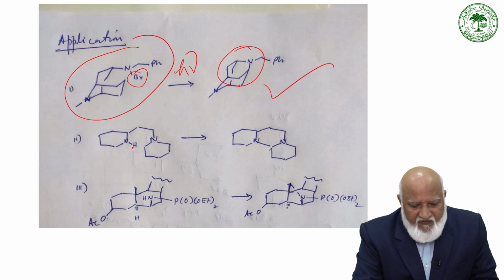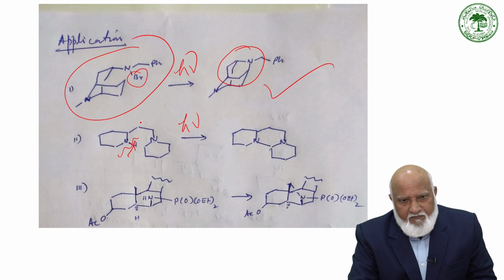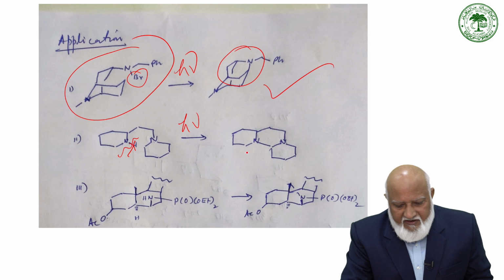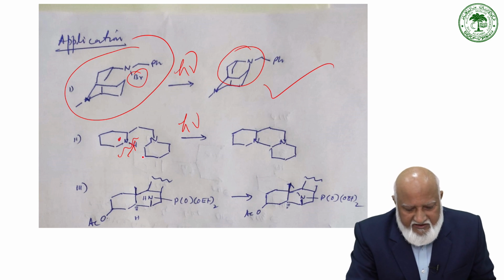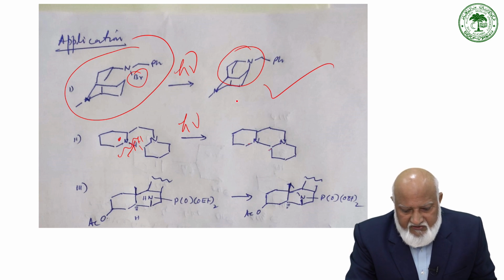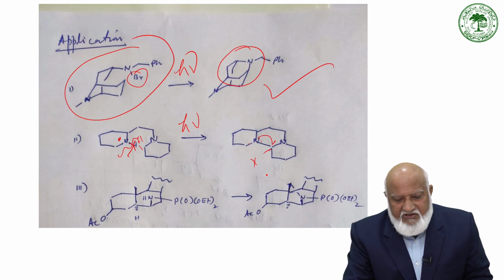Similarly here, H can be substituted by halogen. Under photolytic condition it can undergo homolysis to give the N radical, and this N radical can abstract a hydrogen from the adjacent piperidine ring to give a carbon centered radical, which will once again combine with the halogen radical generated here, and then this nitrogen can initiate the cyclization.